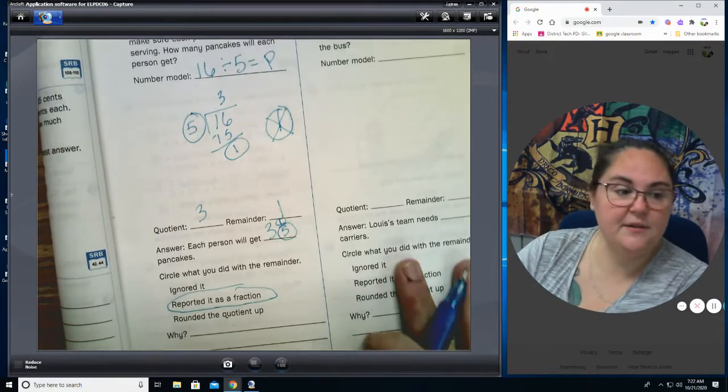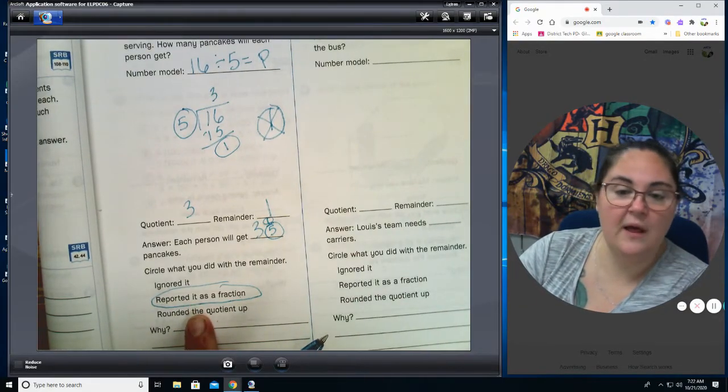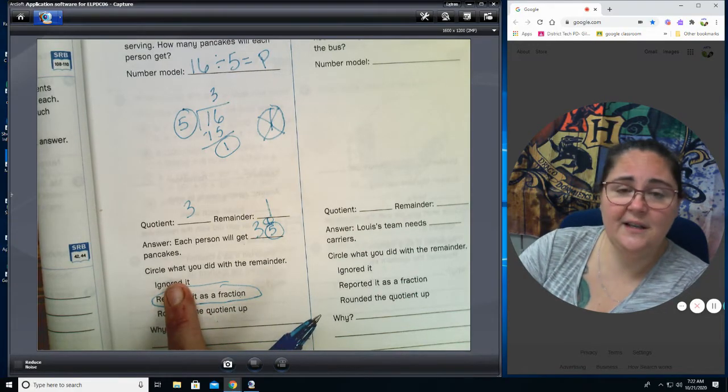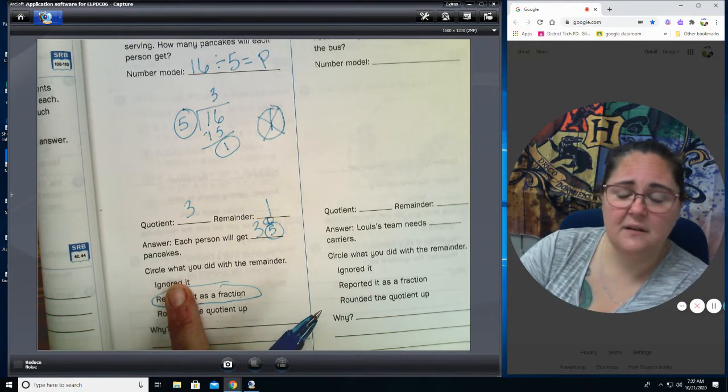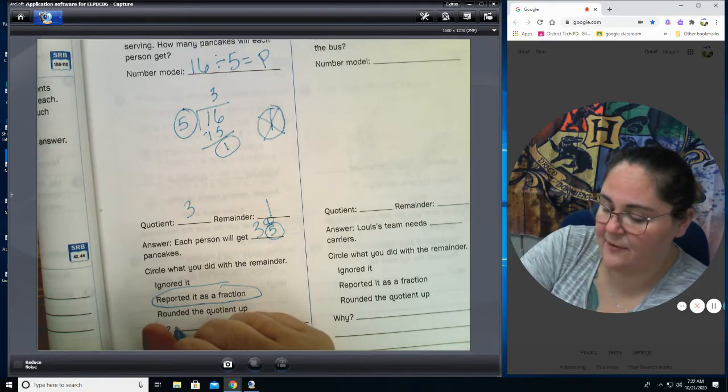Why did we report it as a fraction? Why didn't we round it up and say, well, everyone gets 4? Well, because we didn't have enough. We didn't ignore it because I don't want to waste my money. So why did we report it as a fraction?